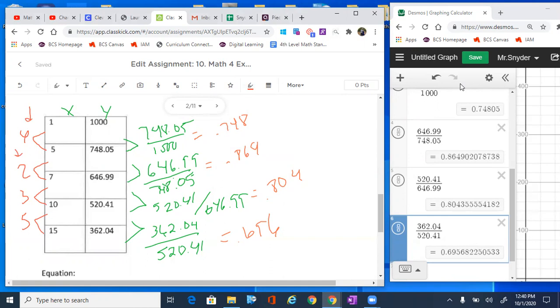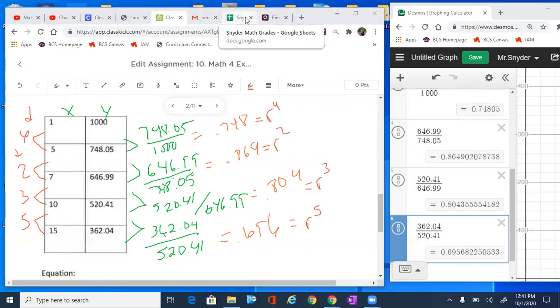So we can take our current rates and make them r to the 4th, r to the 2nd, the gap of 3 equals r cubed, and the gap of 5 being r to the 5th. Now, how do we solve for just a basic rate for every single one unit? That is what we need, because we need just r.